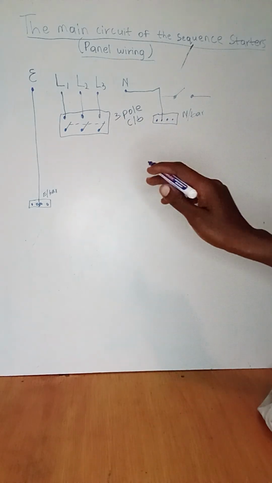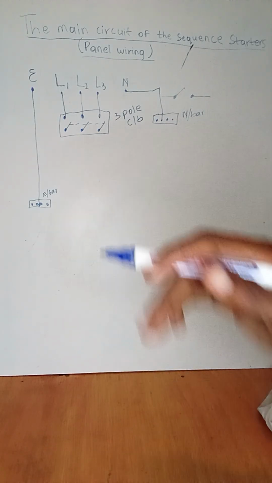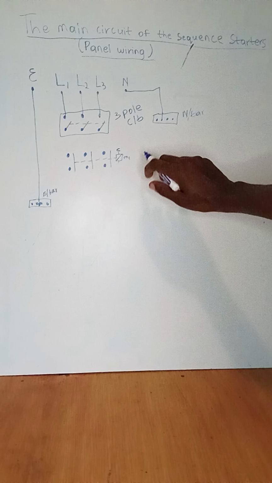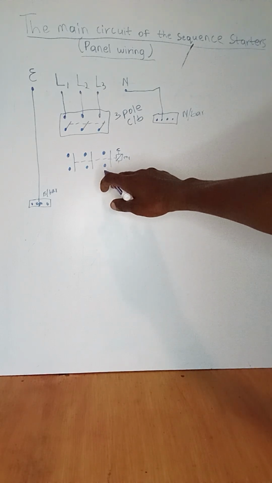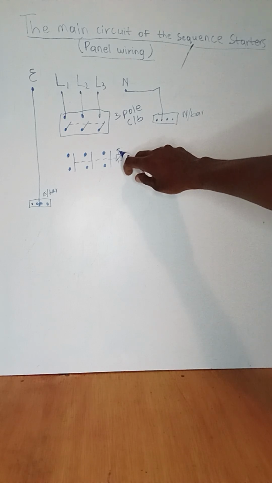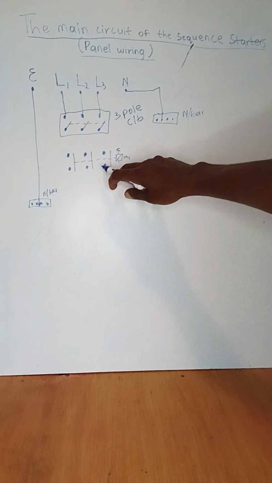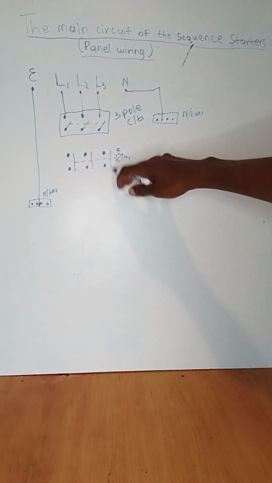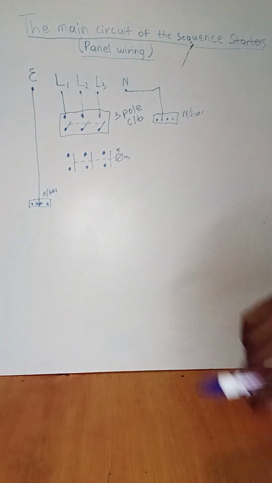So I'll draw the symbol of the contactor of motor 1. Right, from there we have the contactor of motor 1. That's its symbol, and I've written C. This C indicates that this is the contactor, and this symbol indicates that it has a coil inside of it.